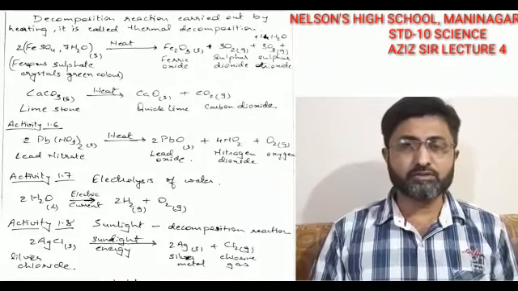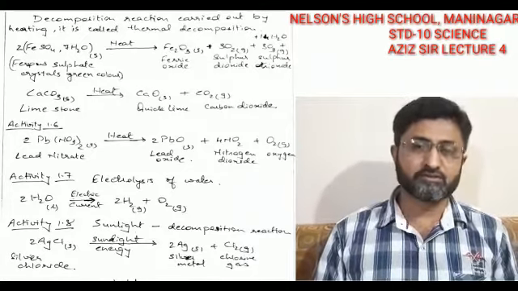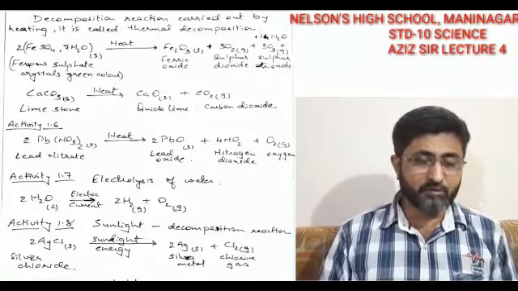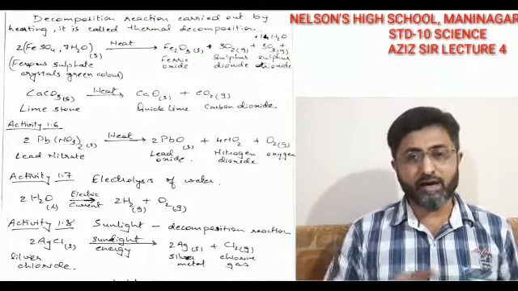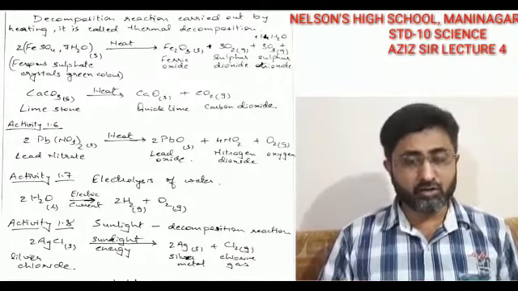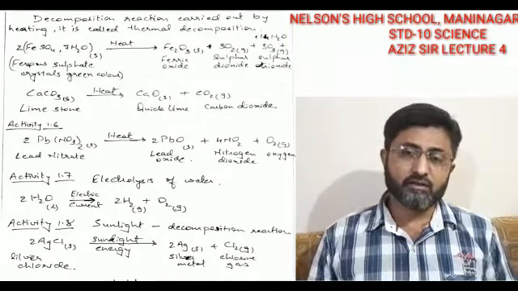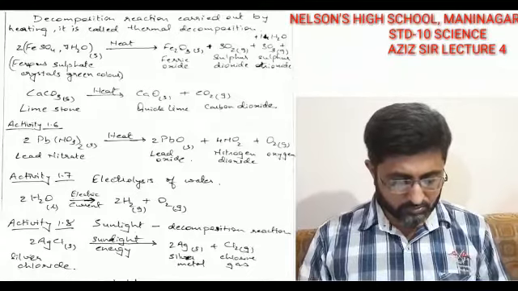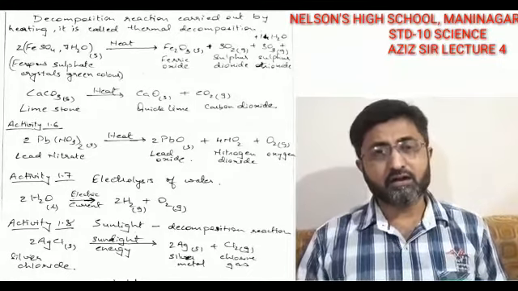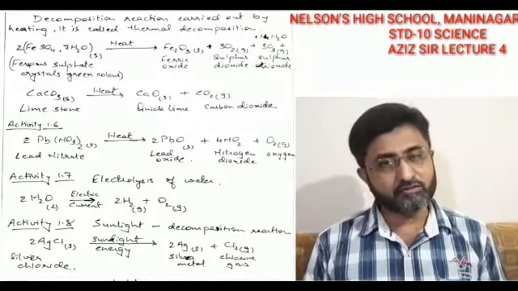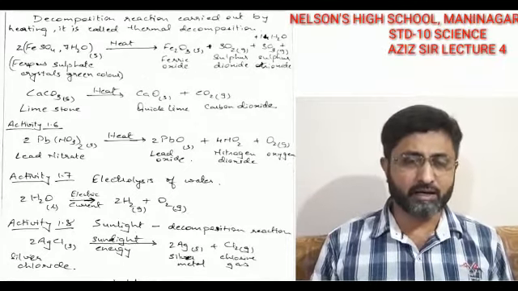The third was photochemical decomposition, which we saw with silver chloride and silver bromide. One good experiment clearly showed that the white area which remained was not decomposed and the rest decomposed into silver, and chlorine gas evolved out. Such kinds of decomposition reactions are given in this particular chapter, and I have shown you all the types of decomposition practically also.